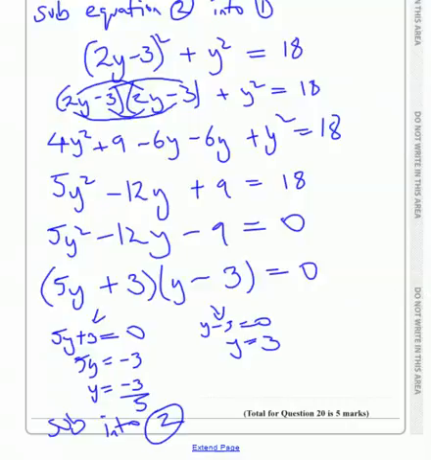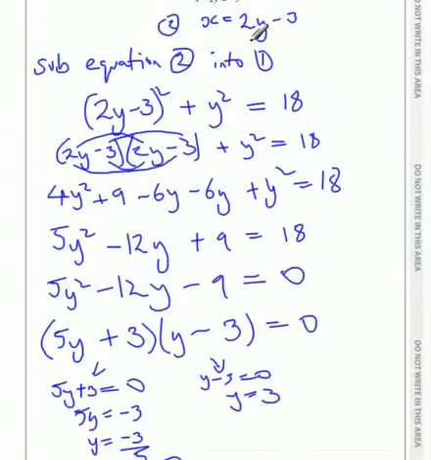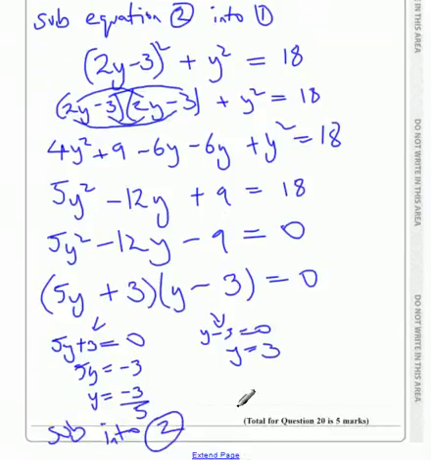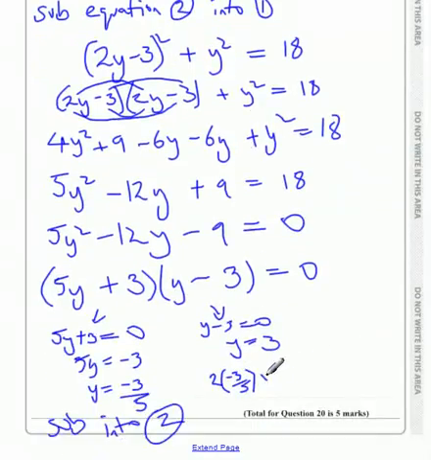Subbing this into equation 2, we're going to do 2 times minus 3 over 5, minus 3. So let's write that down. It's 2 lots of minus 3 over 5, minus 3, to get our x value. So x equals minus 6 over 5 minus that.